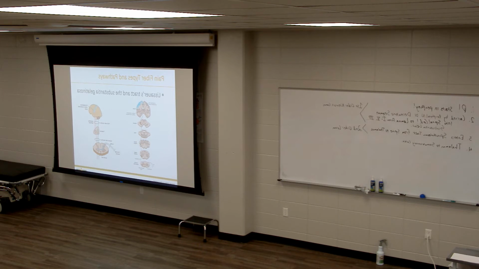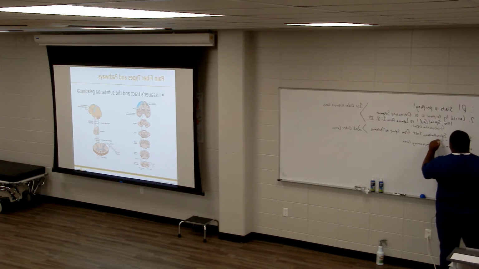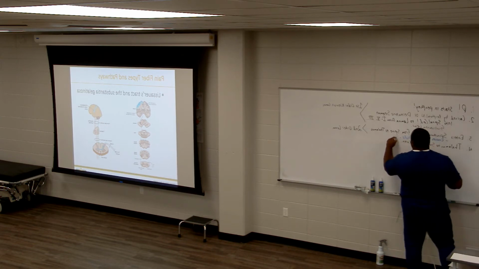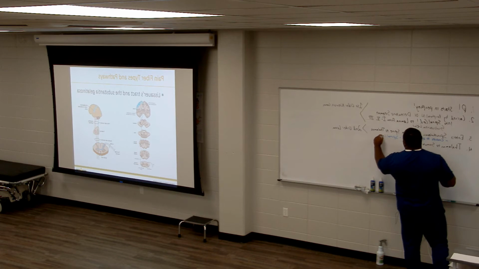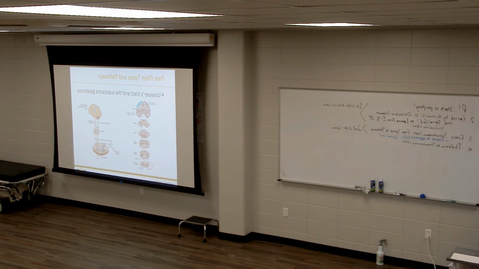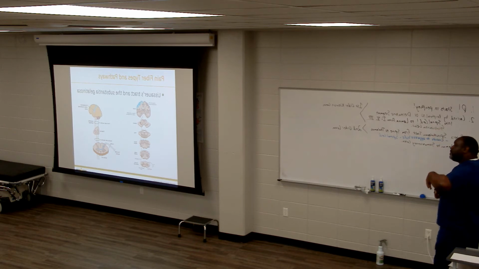So it crosses to the opposite side of the spinal cord once it enters, and then goes up to the thalamus. It crosses in the spinal cord, then ascends or travels up to the thalamus.